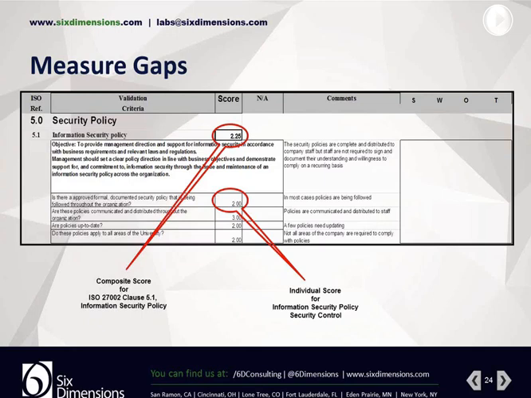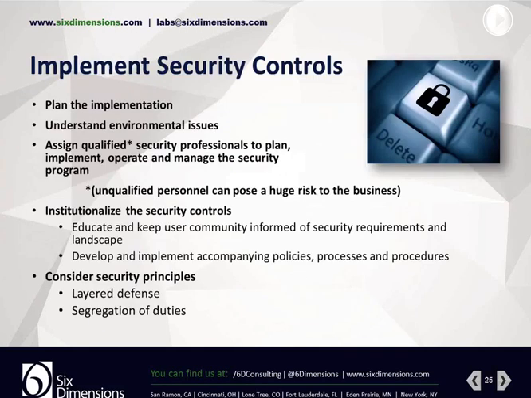And then after I get this list, I can actually calculate a composite score. And the composite score in this case is a 2.25. Now that I have that composite score, we'll get back to how we actually relate that to an overall security assessment.